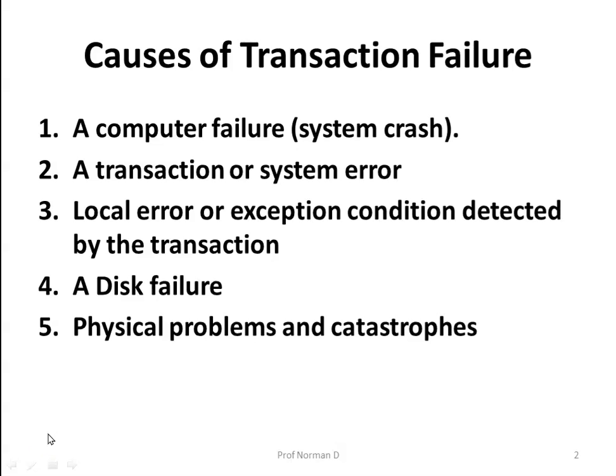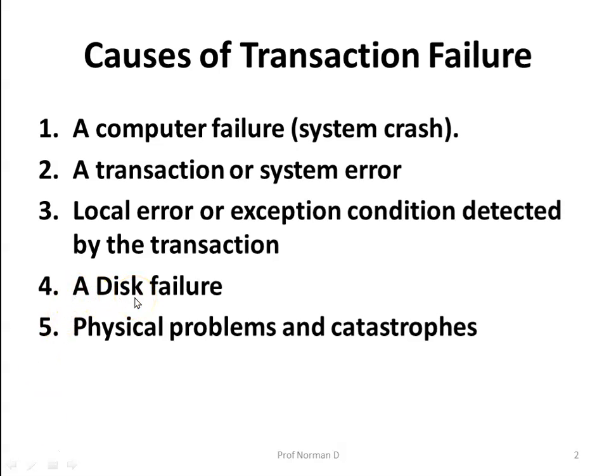With respect to local error, during transaction execution, certain conditions may occur that are necessary for the cancellation of the transaction. For example, data for the transaction may not be found. An exception condition such as insufficient account balance in the banking database may cause a transaction such as a fund withdrawal to be cancelled.